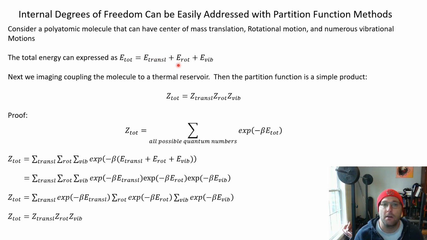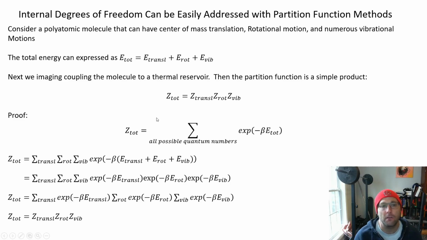If we take all these different energy levels and couple them to a thermal reservoir, and that's actually important to remember, we always have to have a thermal reservoir conceptually for this picture of the partition function to be valid, then we have a total partition function that ends up being the product of the partition function for the translations, the rotations, and the vibrations.